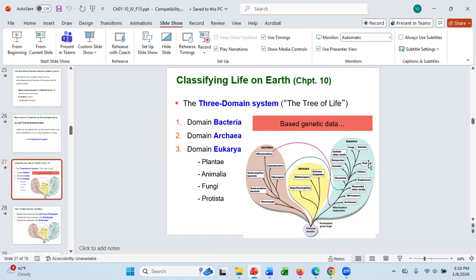Now, usually they classify organisms based on their, I think it's ribosomal RNA, but maybe the tRNA as well, in which case you could classify it on the RNA. And the reason why they use ribosomal RNA is because all organisms have the ribosomal RNA genes.